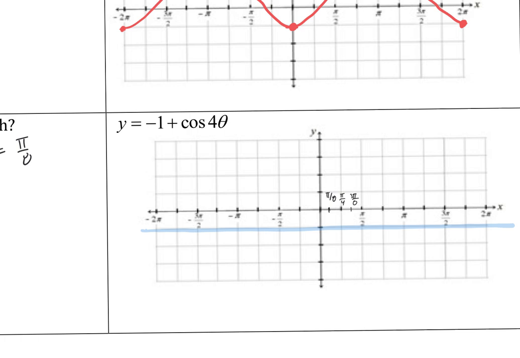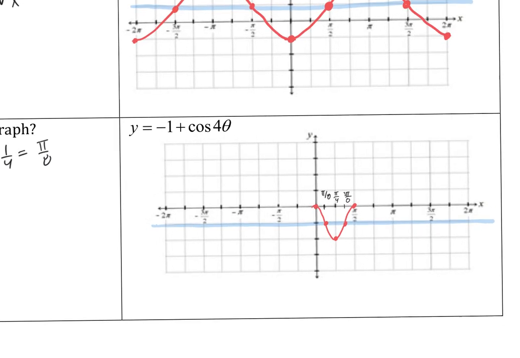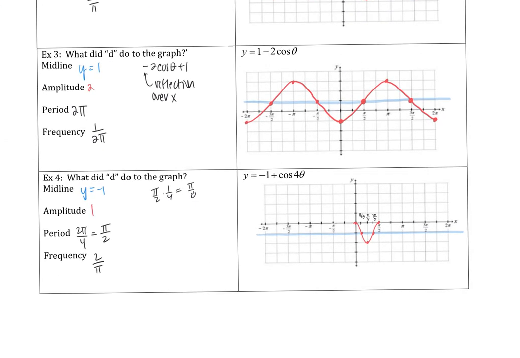Let's go ahead and do this. Cosine function starts from the midline up the amplitude of 1. So we're going to be up 1. At pi over 8, we're going to hit the midline. At pi over 4, we're going to go down the amplitude. We're going to hit the midline again and go up the amplitude. And we've completed one full rotation of the cosine graph by pi over 2. This is super shrunken, right?